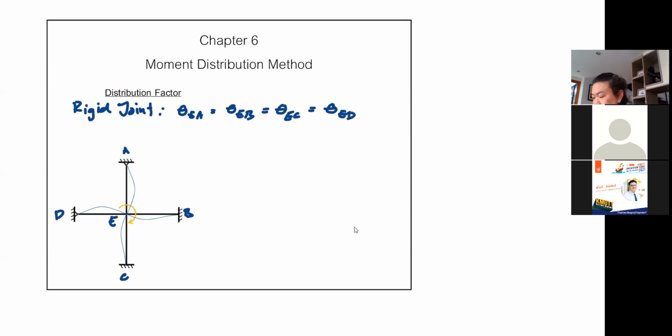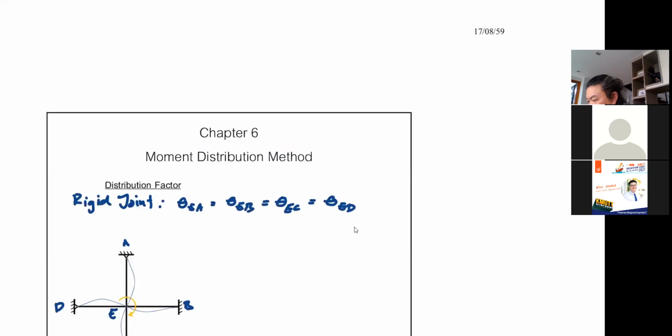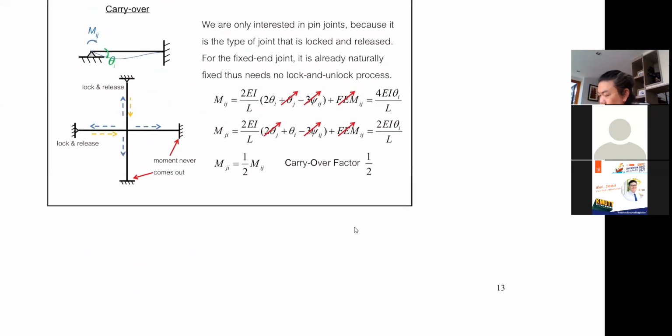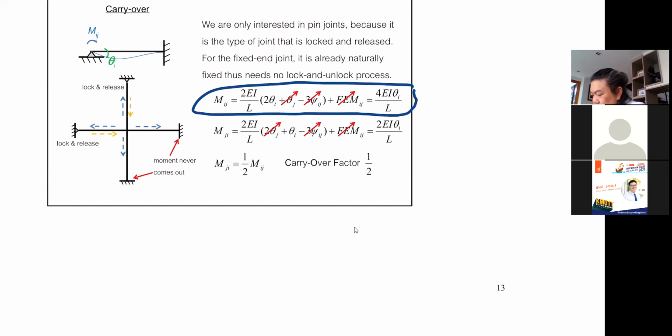Now, from the slope deflection equation that we have before, let me scroll back up here. You see, that's the typical equation you're going to have. Please look at that. M equal to 4EI over L, and then zeta. So this term is stiffness.